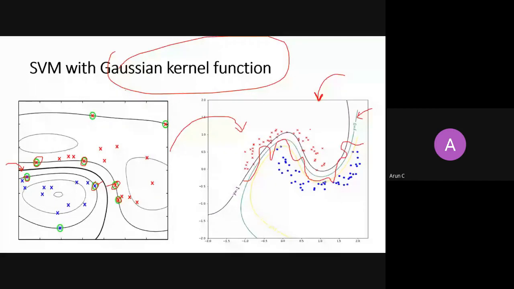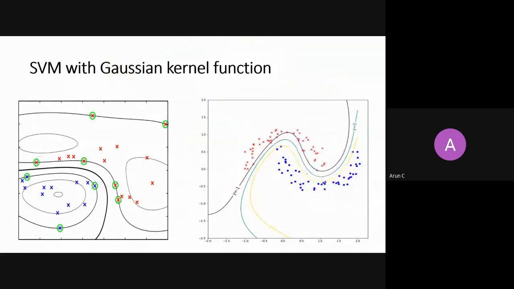If you allow some errors in it, for an example, let's say there is one cross point here. Rather than trying very hard, if you are okay to accommodate some error for one point or some points, then you will still get this margin.